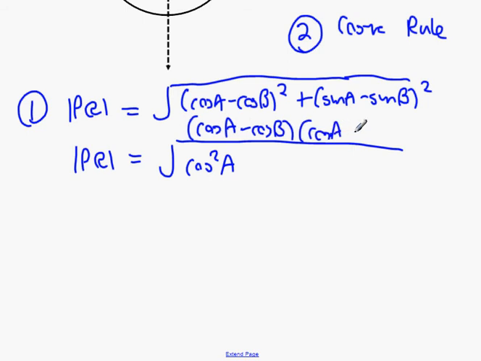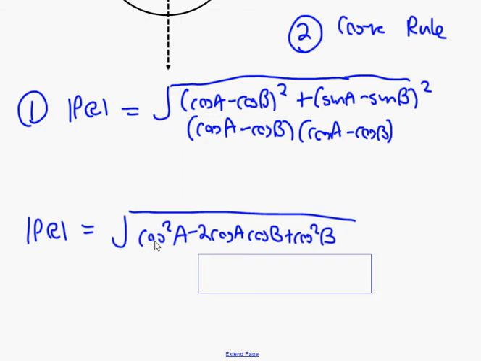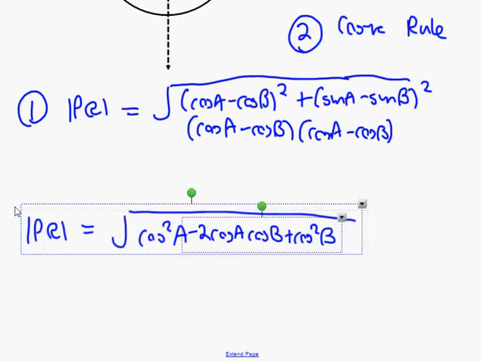Cos A minus cos B. So it's going to be minus cos A cos B minus another cos A cos B, which gives me minus 2 cos A cos B. Then it's going to be plus cos squared B. Now the problem with this one is I'm sort of running out of space here, and the other thing is it's quite long.